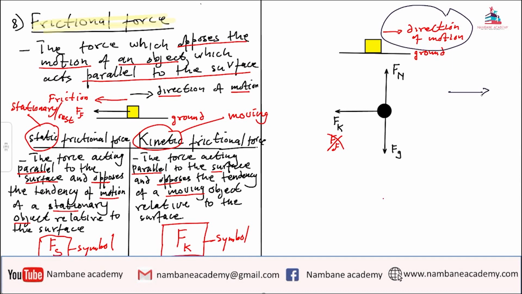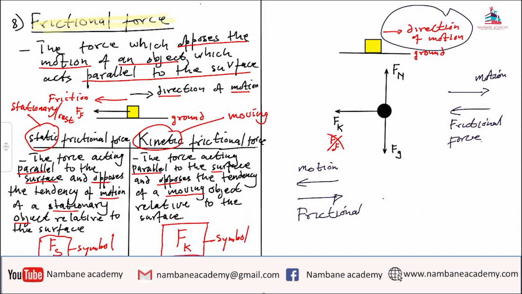So if you are told it is moving in this direction, let's say this is the motion, then we know our frictional force must always act in the opposite direction. If I am told that this is the direction of the motion, it means friction must be in the opposite direction.